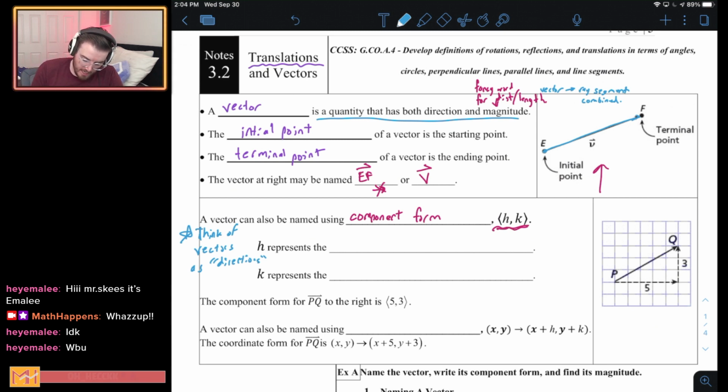So the H represents the horizontal movement or change. And K represents the vertical change.